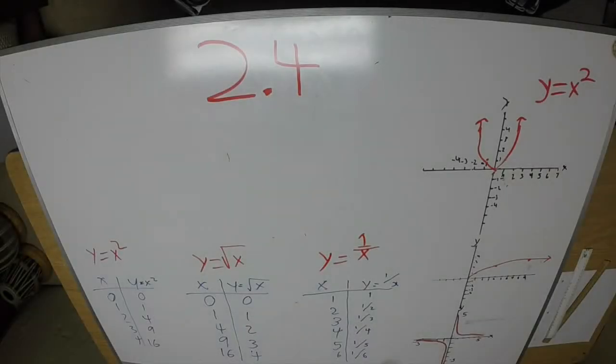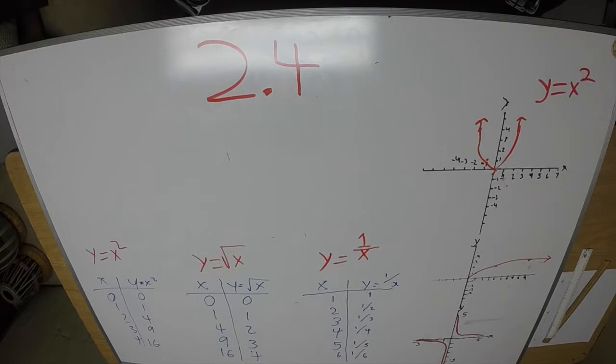We'll be talking about reflections upon the x-axis and upon the y-axis. So here I have put out the coordinates for the y equals x squared, the root x graph, and the 1/x graph. So I've drawn out each of the original graphs here and plotted the points. To start off with the y equals x squared graph, we'll be doing a reflection upon the x-axis.